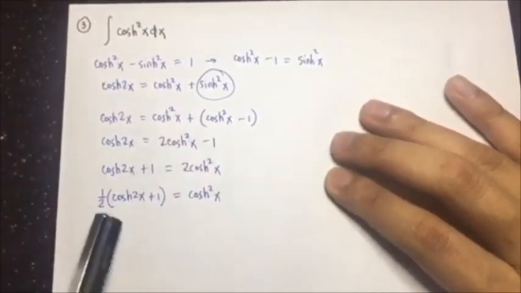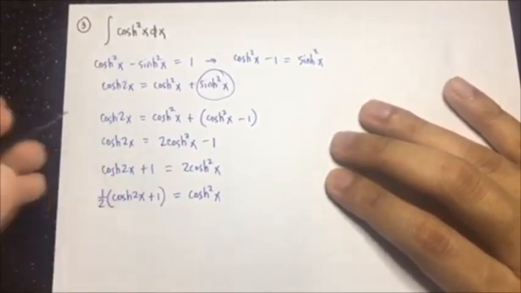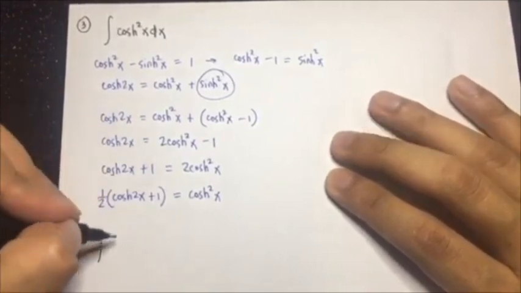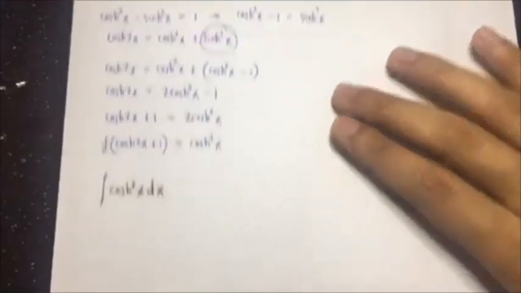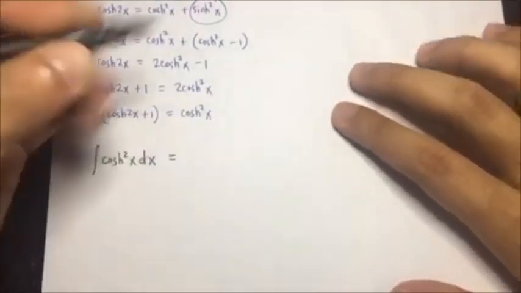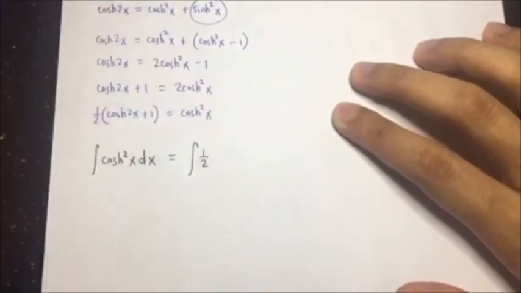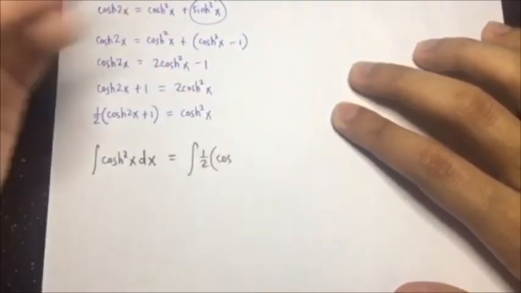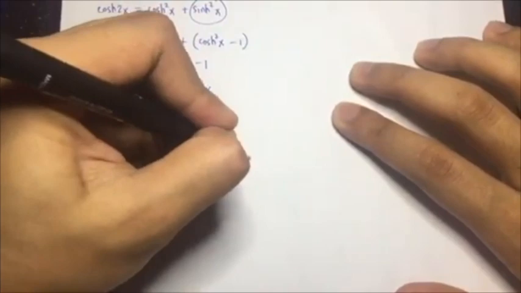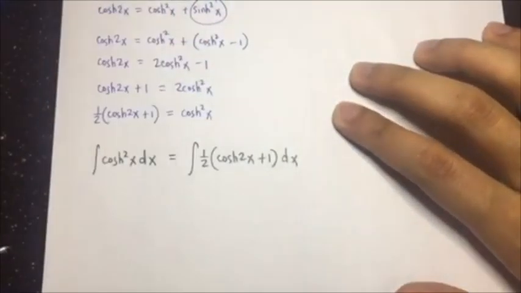Okay, using this, we replace our integrand with this, so our integral will become: the integral of hyperbolic cosine squared of x dx is equal to the integral of 1/2 times hyperbolic cosine of 2x plus 1 dx.